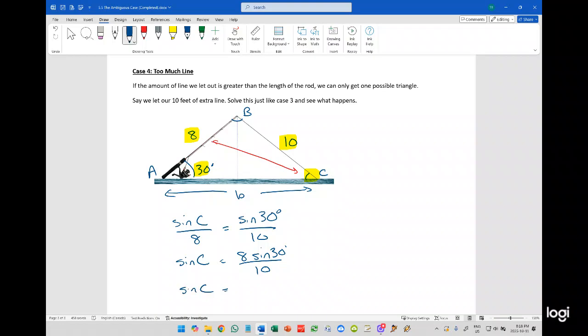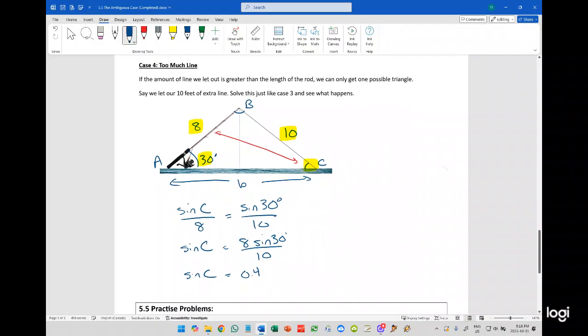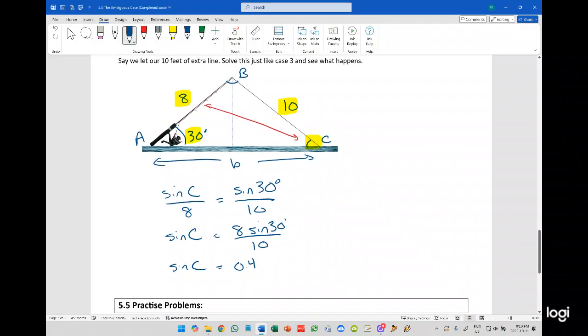That's 0.4. And the inverse sine of 0.4 is 23 point something. We'll round off to 24 degrees.